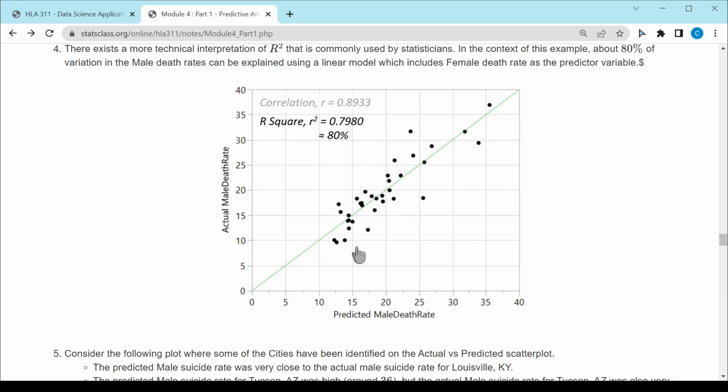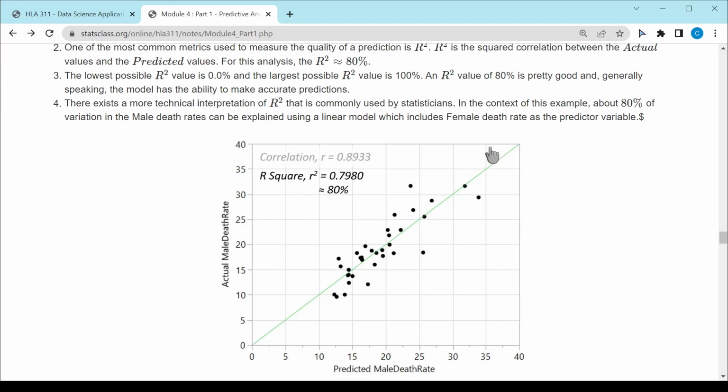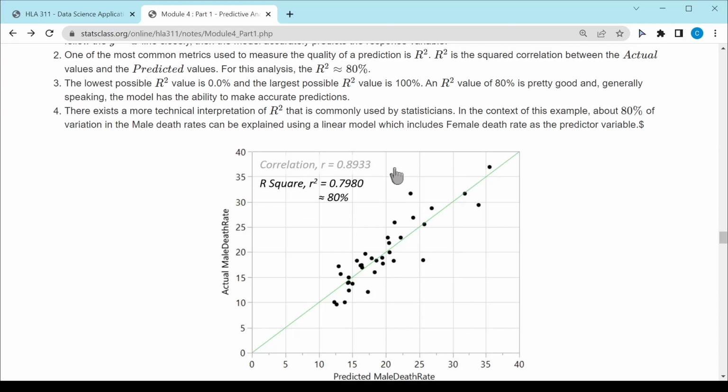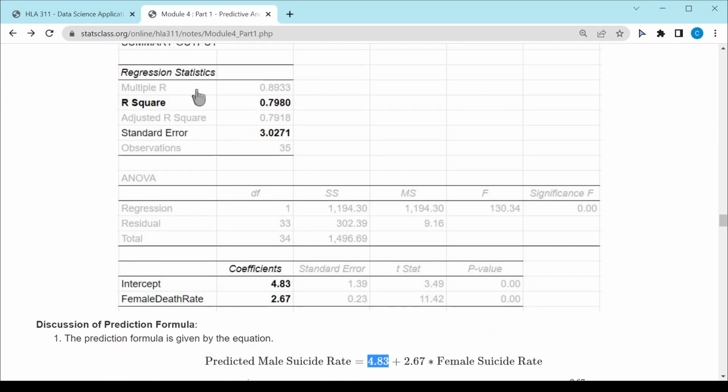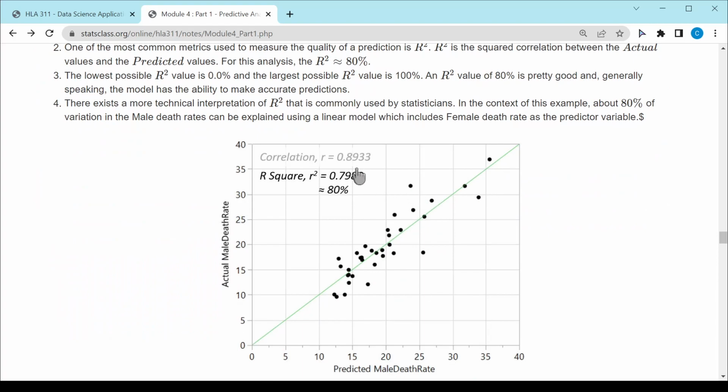Now the correlation, Pearson's correlation measure in this plot, is one way that we can identify the strength or the quality of our predictions. The correlation measure here is given by multiple R in our regression output, and that value is 0.8933. The more common measure is to simply square that value.